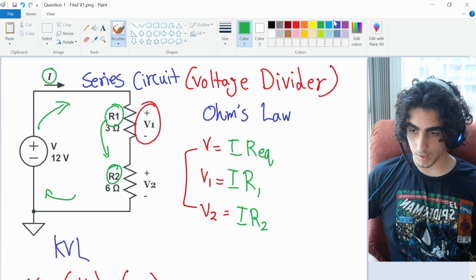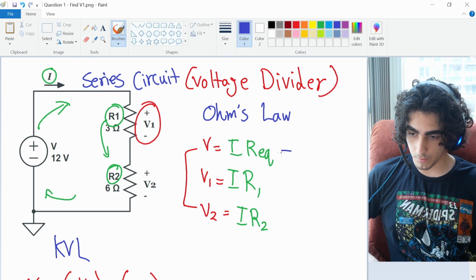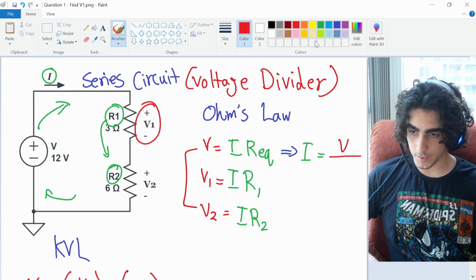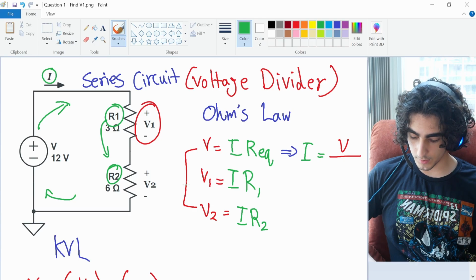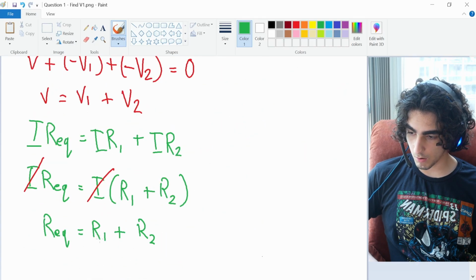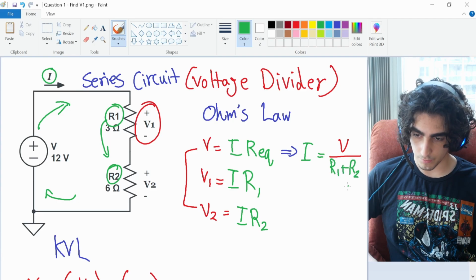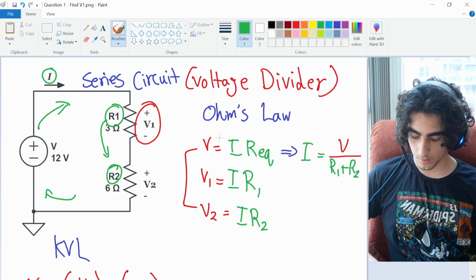If we just rewrite this, super simple, current is equal to voltage divided by R equivalent, which in this case is R1 plus R2. Pretty straightforward so far.